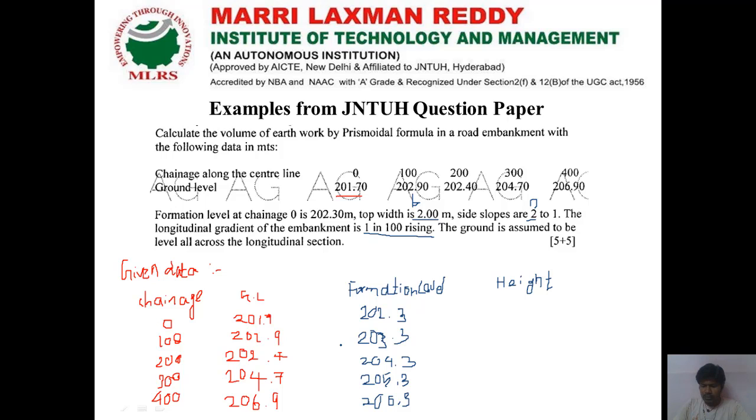So 202.3 minus 201.9 is 0.4 meter. So the difference in height is 0.4 meter. Next, 203.3 minus 202.9 is 0.4 meter.